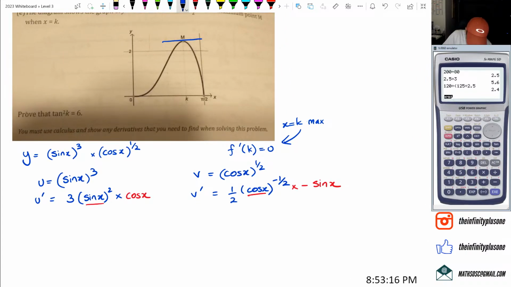Okay, so what we're now going to do is put f dash of x as u dash v plus u v dash.